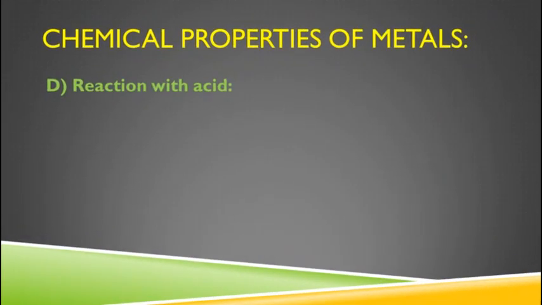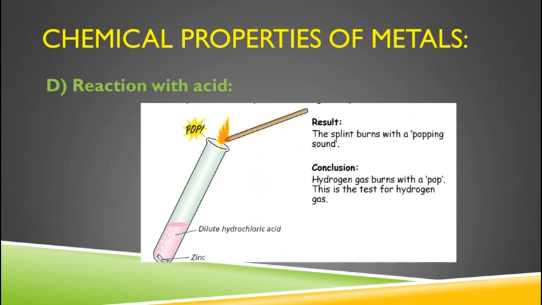Next chemical property is reaction with acid. So students, here we have to perform one experiment or activity. We have to take dilute hydrochloric acid, the chemical formula of which is HCl.